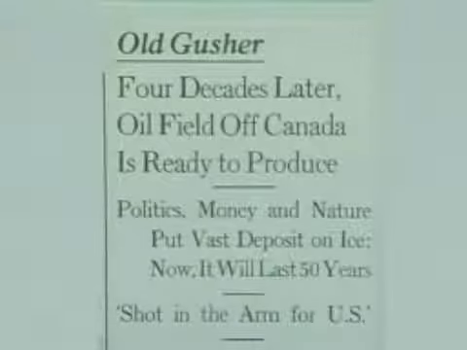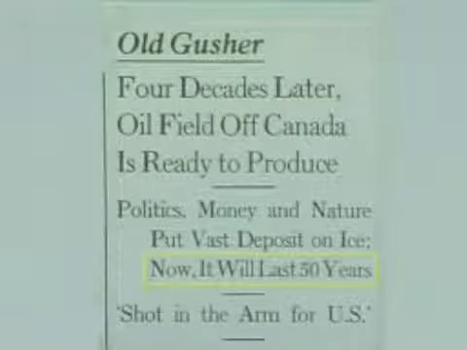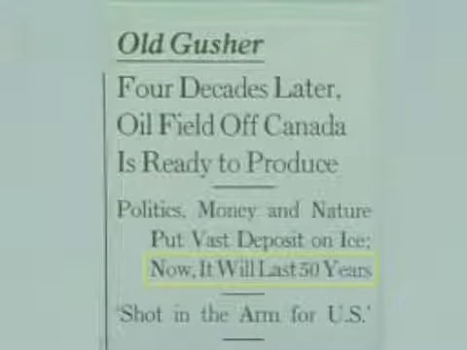On the front page of the Wall Street Journal in 1997, we read about the new Hibernia oil field off the south coast of Newfoundland. Please note this one line in the headline: now it will last 50 years. And let's go to that story and read about the Hibernia field. It's one of the largest oil discoveries in North America in decades.